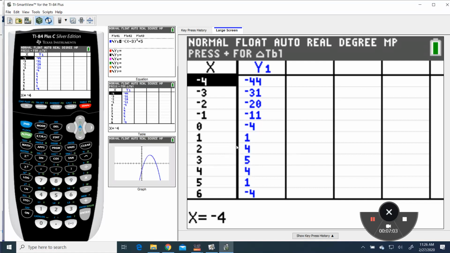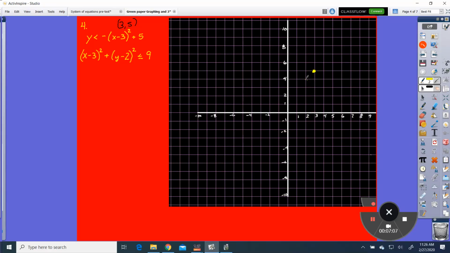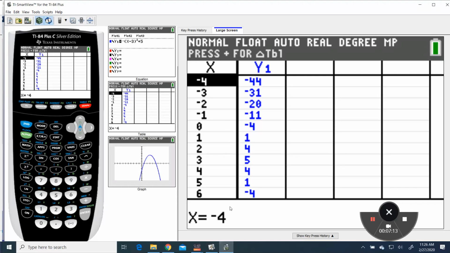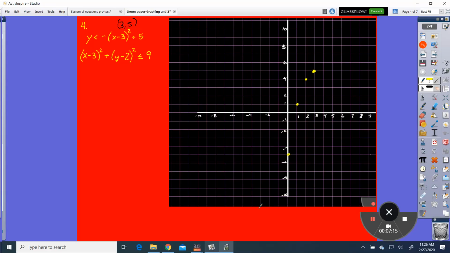Then it goes 2, 4, 1, 1, 0, negative 5, negative 4. And then it's just the mirror opposite over here. These are dotted lines.